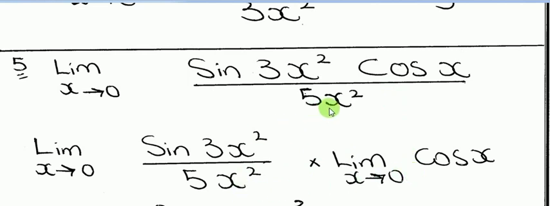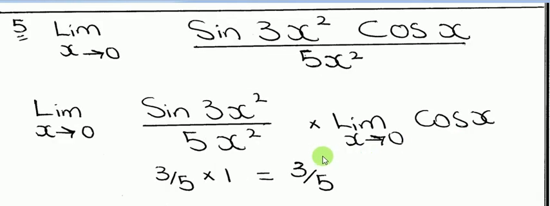Here I put 5x squared downward as the denominator for sine 3x squared. We said if x approaches 0, sine of any angle approaching 0 over the same angle is 1, so it will be 3 over 5 here. And if you put 0 here, cosine 0 is 1, on a calculator or by your mind. So the answer will be 3 over 5 times 1, which is 3 over 5.